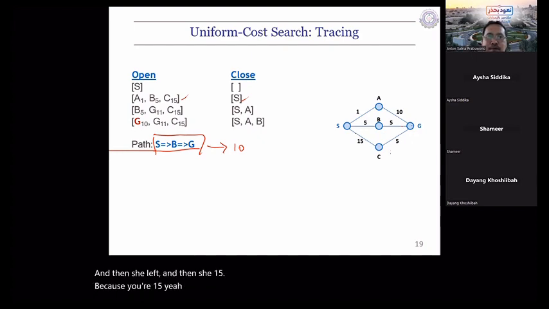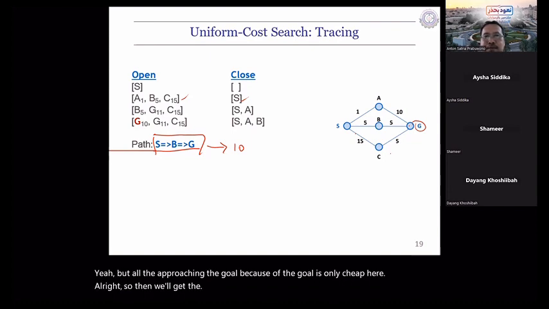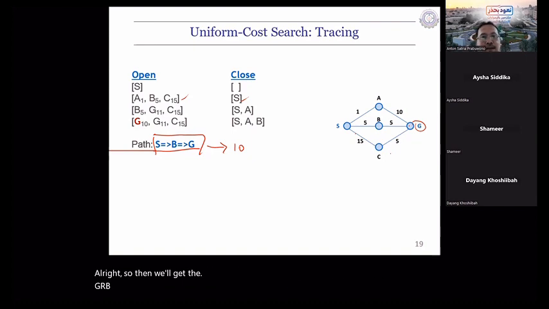So this is for G11 from here. But all are approaching the goal, because the goal is only G here. So then we get B5, G11, and this is still open. C15 is still open, while S and A are closed.